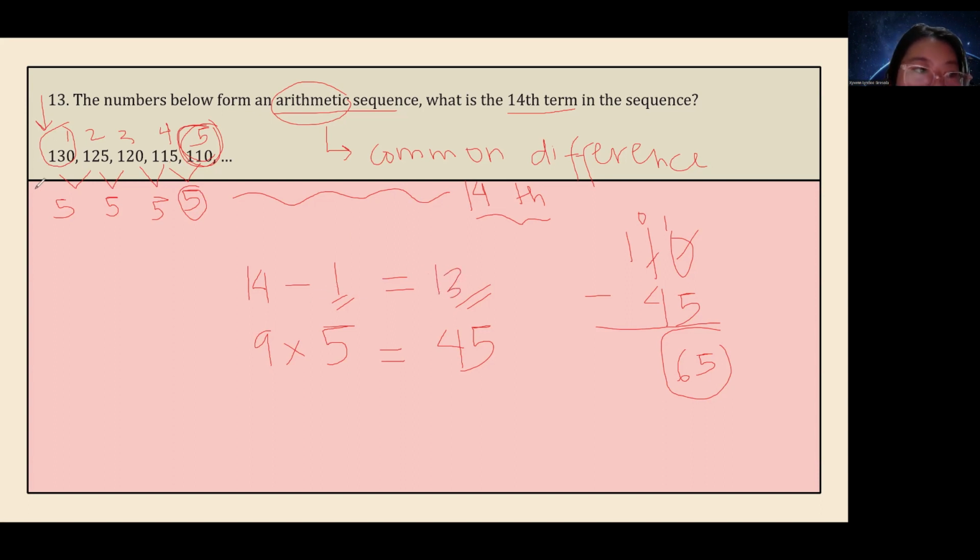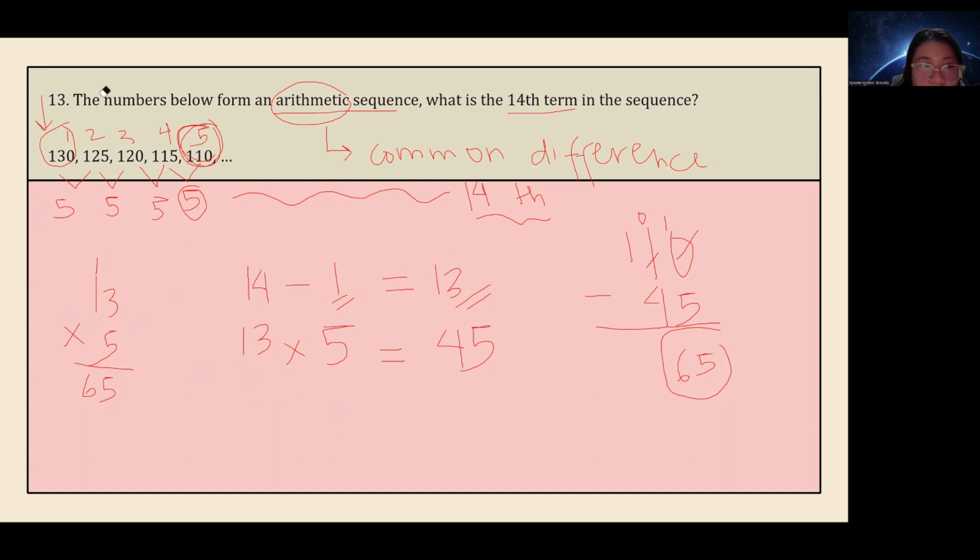So there will be 13 sets of 5. So 13 times 5, what's 13 times 5? 5 times 3, that's 15. 5 times 1, that's 5. 65. So 13 times 5 is 65.